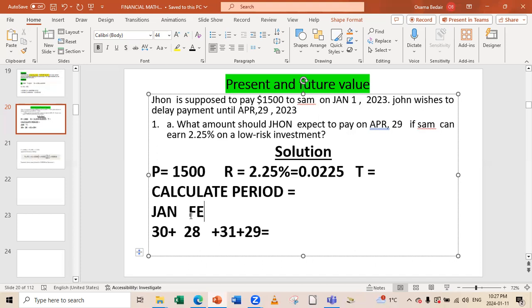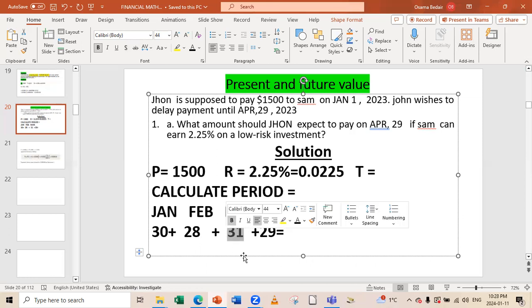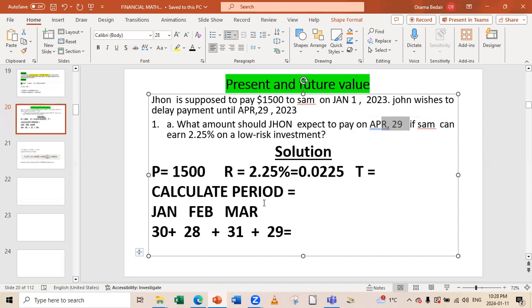Then March, 31 days. Then April, till the day of April 29. So these are the days of April.